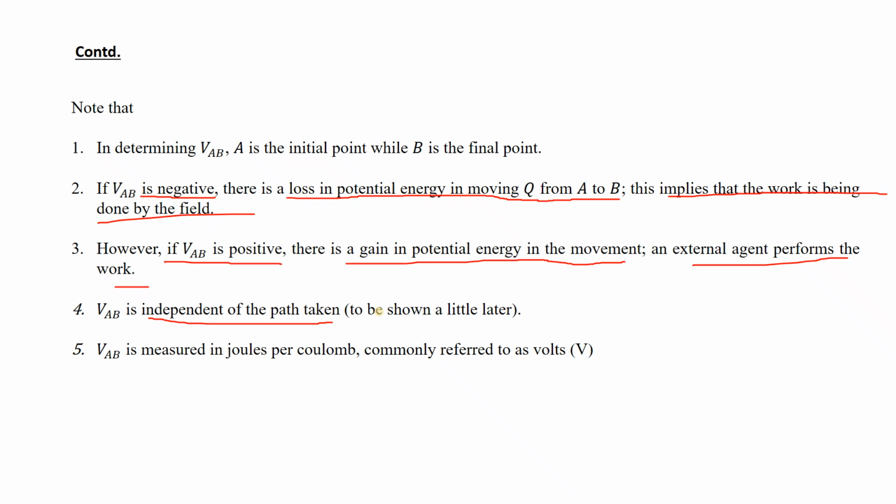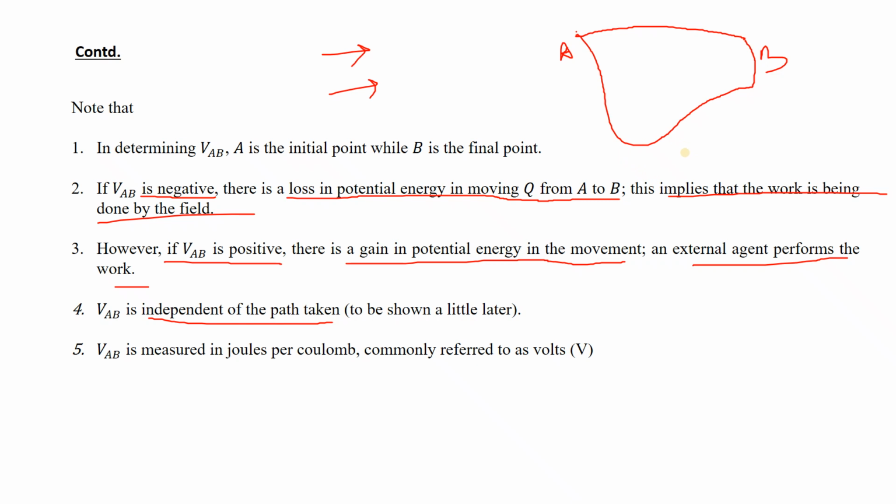Now VAB is independent of the path, which will be shown later in this discussion. That means at point A, जैसे कहा कि एक चार्ज है, पॉइंट बी में हमको जाना है, तो अगर एक्सटर्नल एजेंट से अगर फोर्स मिलता है, that means we are moving from A to B like this.